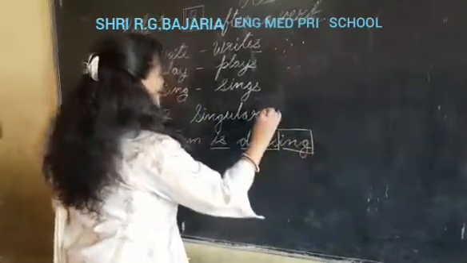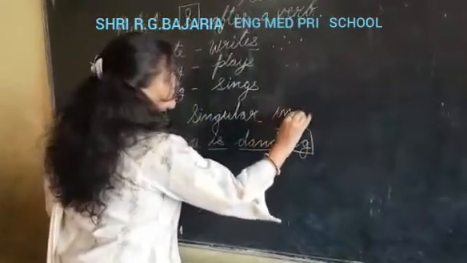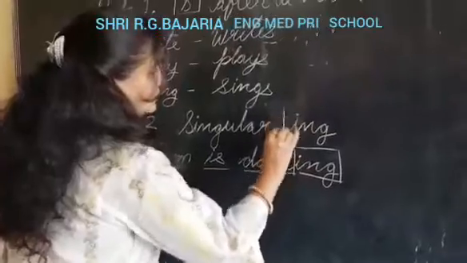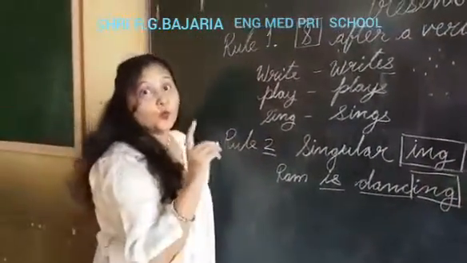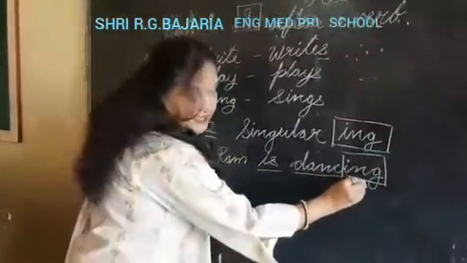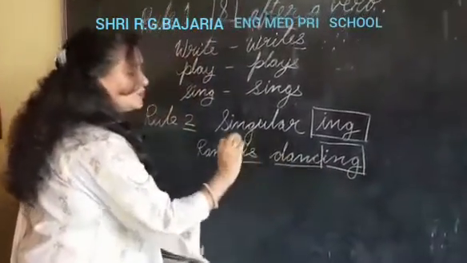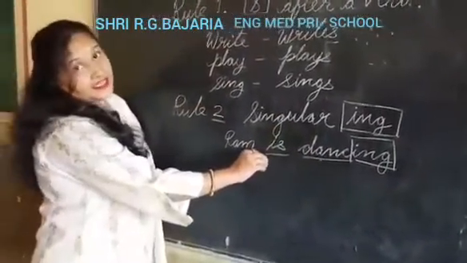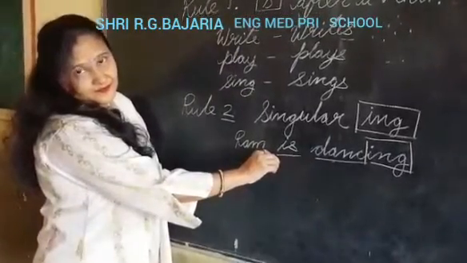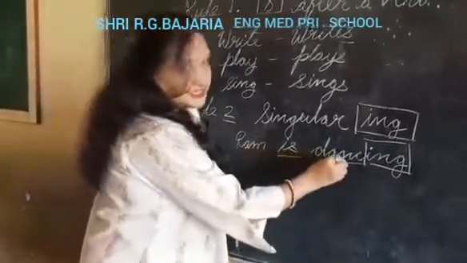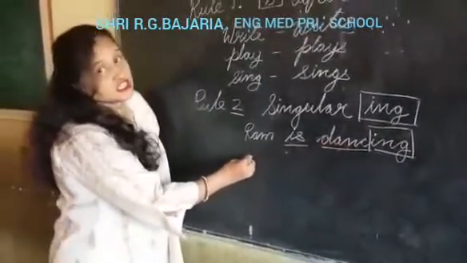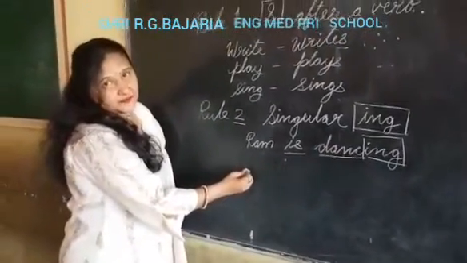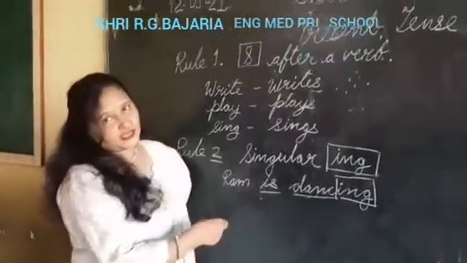I add ing at the end of the verb, and before the verb, I add is. Ram is dancing. She is playing. Mother is cooking.